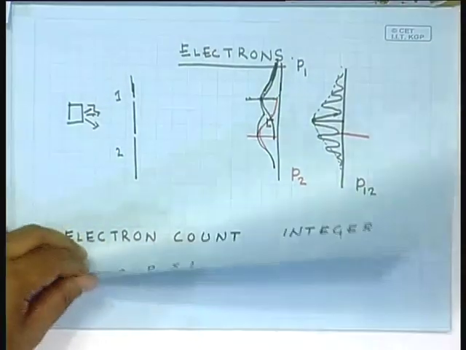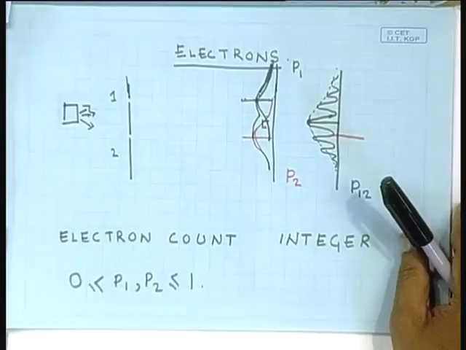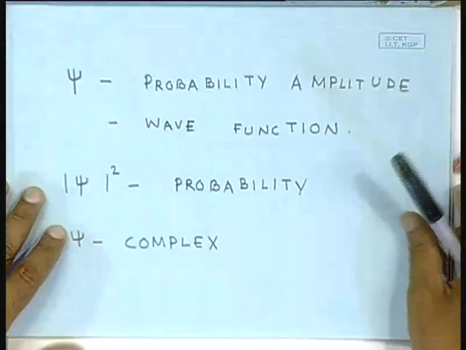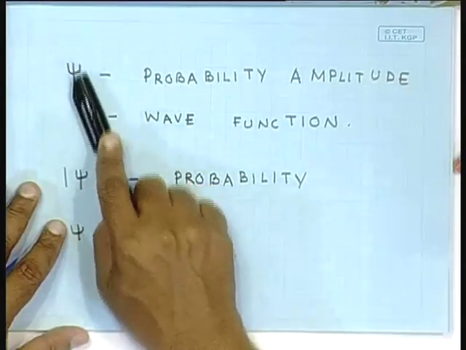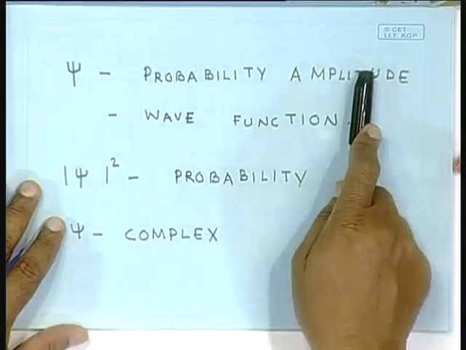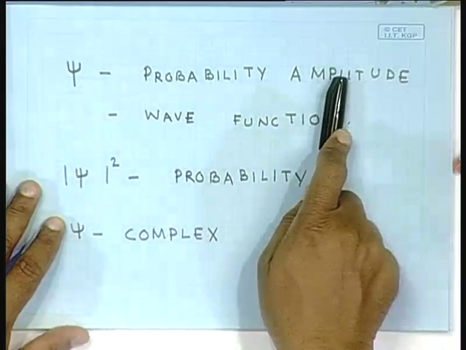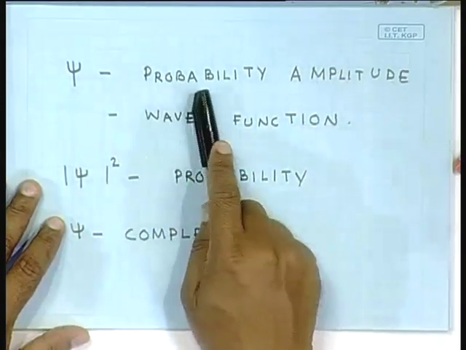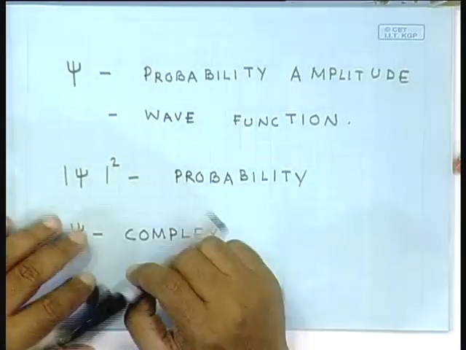So, what I have shown you here is that if you make this assumption that associated with the particle there is a wave psi, which I am referring to as the probability amplitude. Why probability amplitude? We know that the square of the amplitude gives the intensity, which is a positive number which you measure.